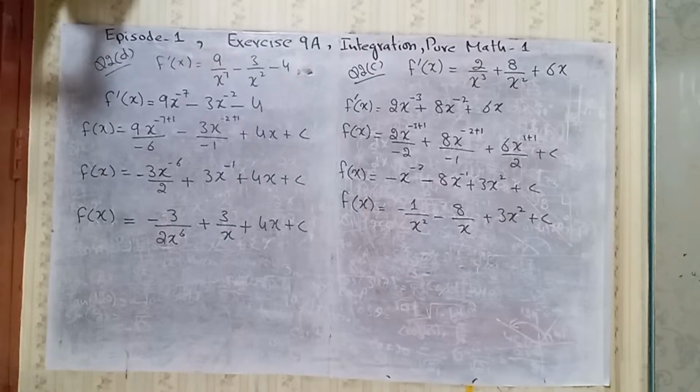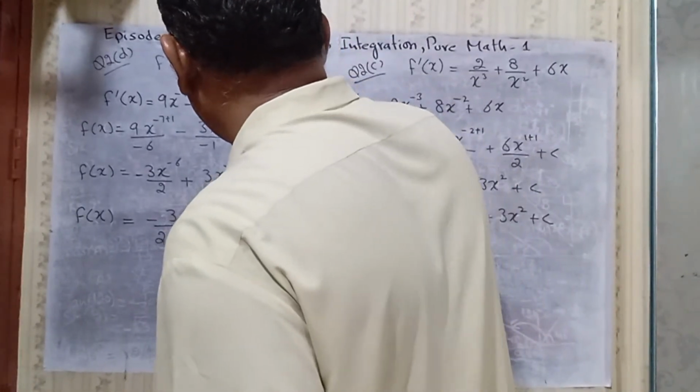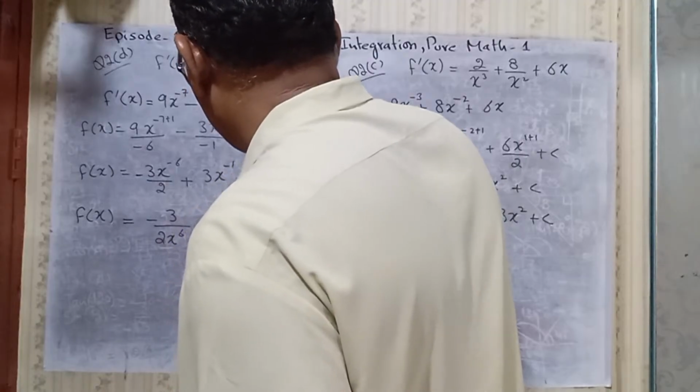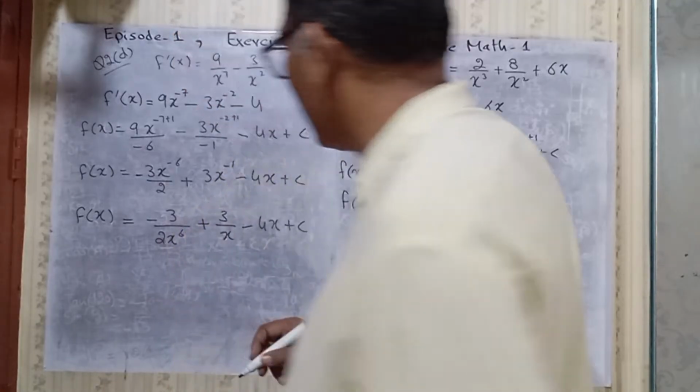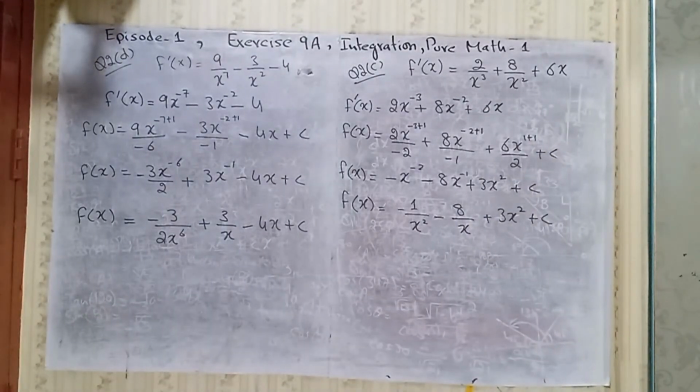Oh, sorry. This sign, because this was negative, so you see, we made a mistake. This was negative, this was negative. Sorry for that. This can happen. I told you always that it is possible that we might miss a sign or a number or a power. So we are done with question number 2 and its D part.